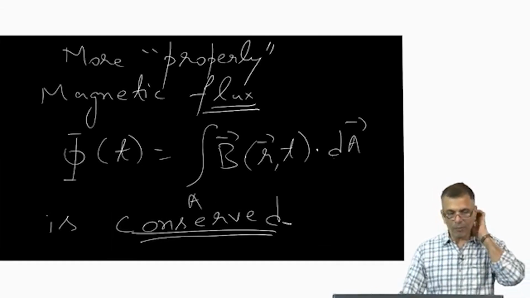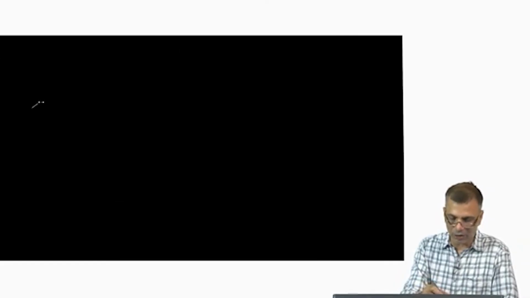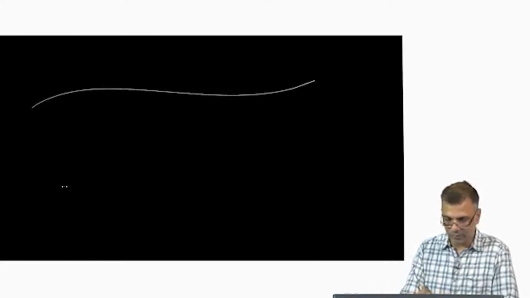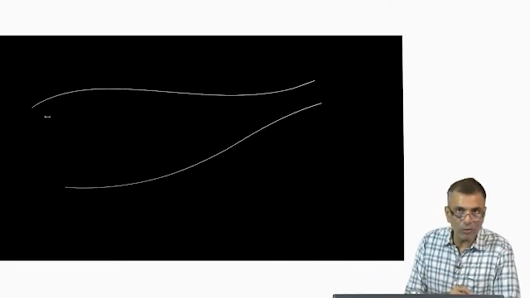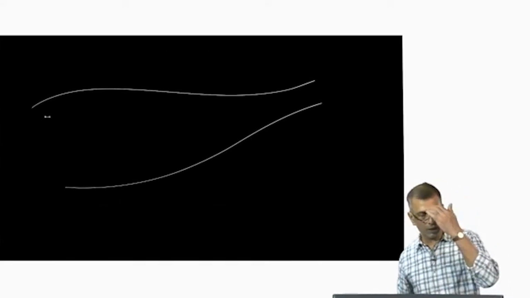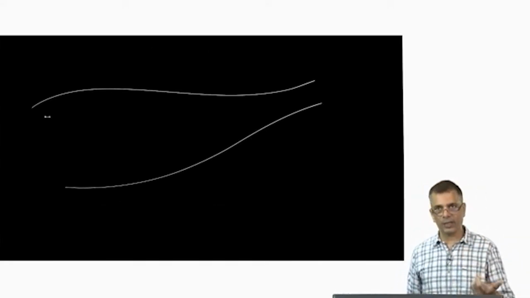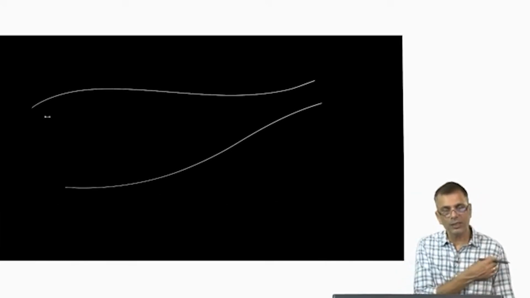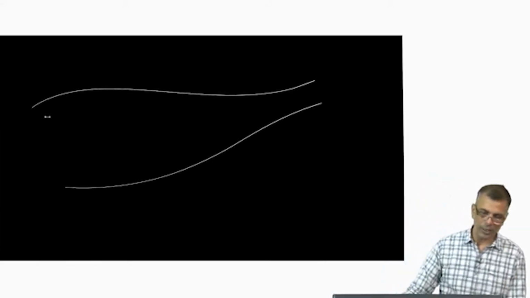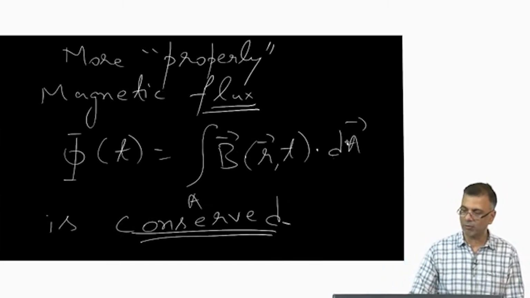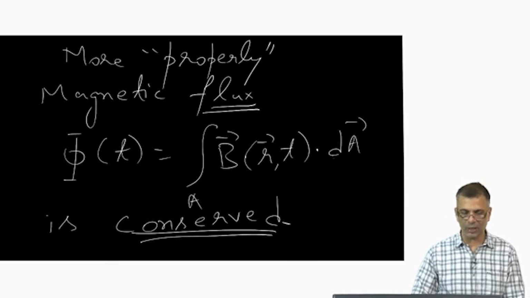This is the real statement of Alfvén's flux freezing theorem. What this means in effect is that consider a flow where for some reason the cross section of a magnetic flux tube is changing. The magnetic field is essentially the number of field lines per unit area. What we are saying here is that the integral of the magnetic field dotted with the cross sectional area is constant.